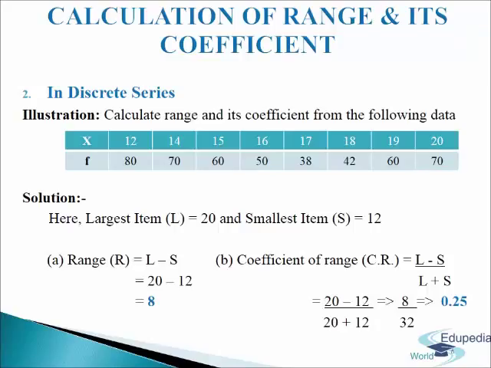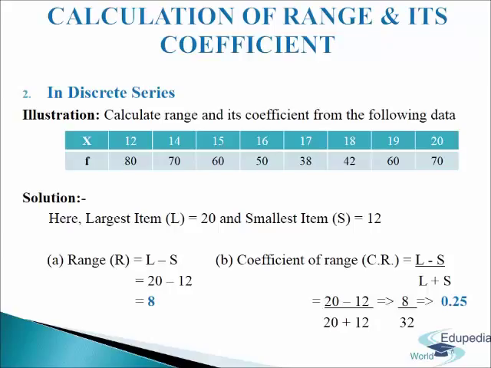We need to recognize the largest and smallest items in the distribution. The frequencies of concerned variables are not to be taken into account. Let us understand this with the help of the following illustration. We have to calculate range and its coefficient from the following data. In the data, x and its frequency are provided to us.